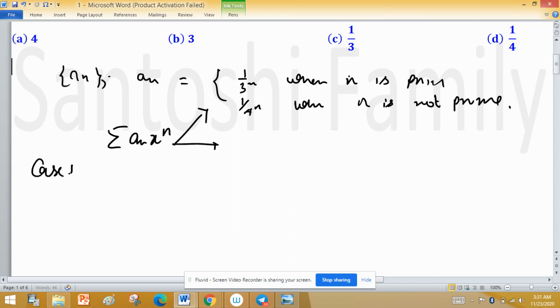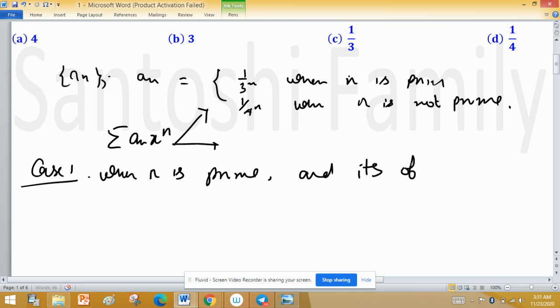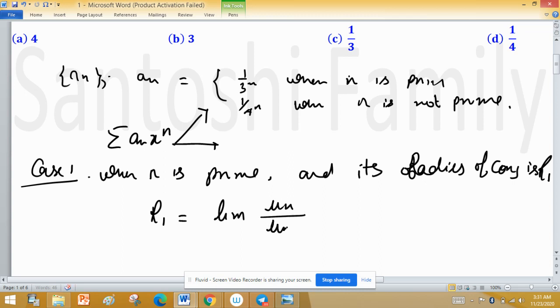Case 1, when n is prime, and its radius of convergence is R1, capital R1.